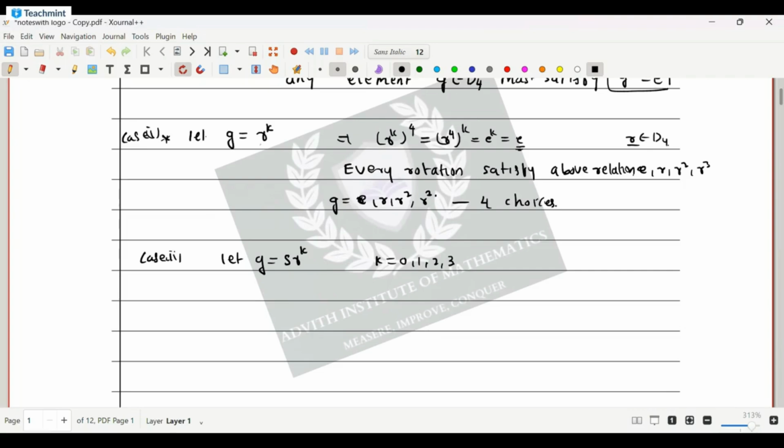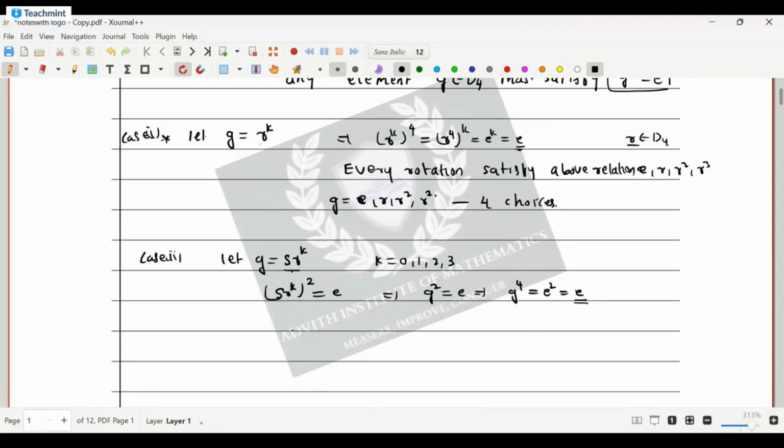So we know that SR power K whole square is equal to E. Where G is equal to SR power K, G square should be E. దీన్ని మళ్ళీ స్క్వేర్ చేస్తే G power 4, G square whole square, and G power 4 equal to E square. So E square equal to E. So therefore every reflection also satisfies this relation.